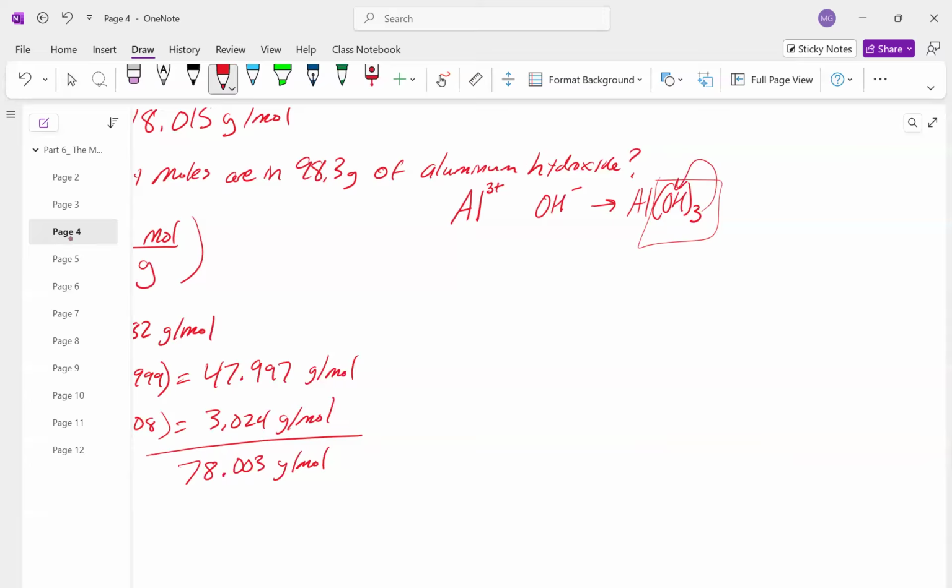So I'd take the mass of oxygen and take it to the third power. That's not what that three means. That three means if I have an aluminum, there are three hydroxides around it. And so that's a total of one, two, three oxygens, one, two, three hydrogens. So make sure that you are interpreting these formulas correctly.